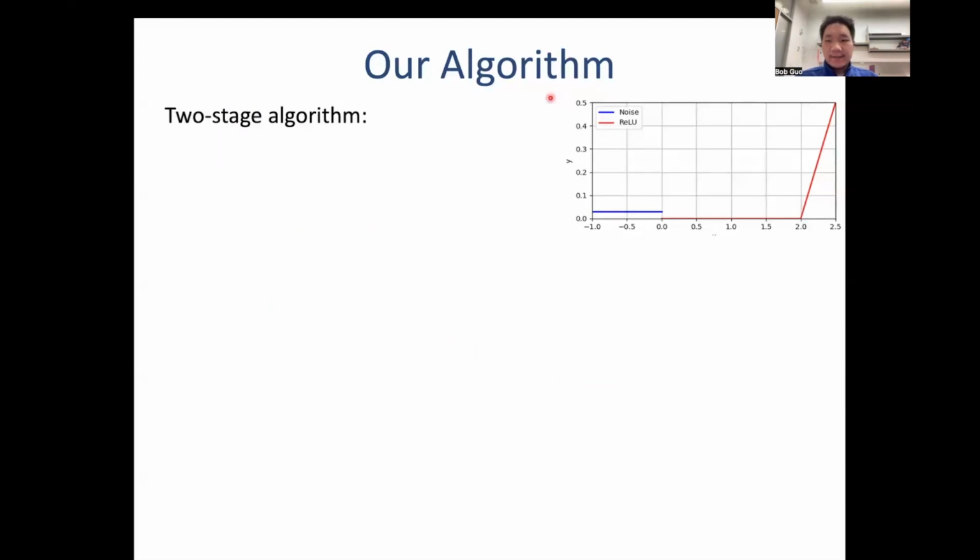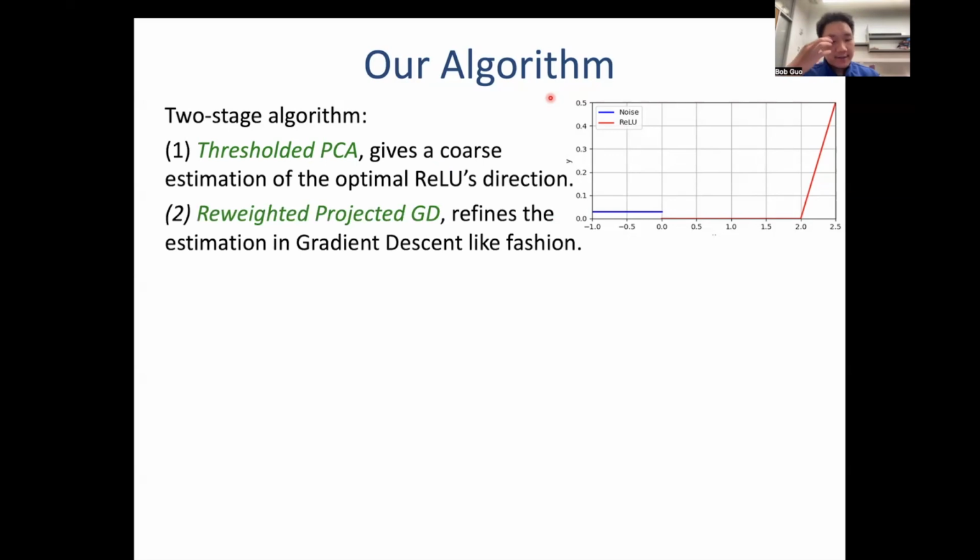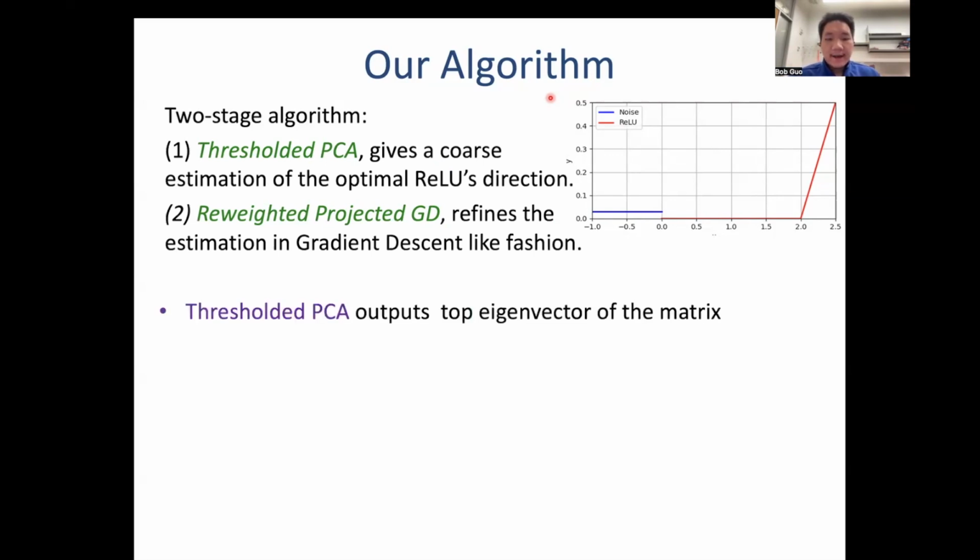Our algorithm has two stages. The first one is called thresholded PCA. It gives a coarse estimation of the optimal ReLU's direction. And the second part is called reweighted projected gradient descent, and it refines the estimation in a gradient descent-like fashion, but it does something smarter to avoid the bad cases. Thresholded PCA outputs the top eigenvector of the following matrix.